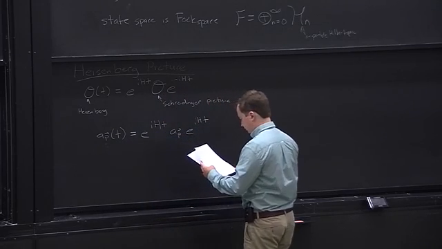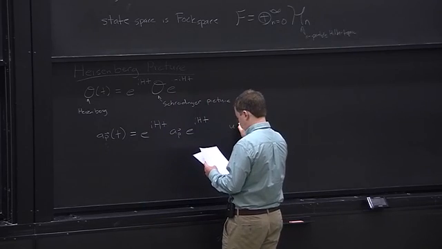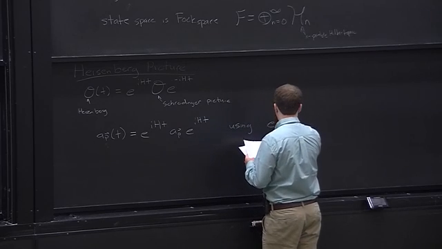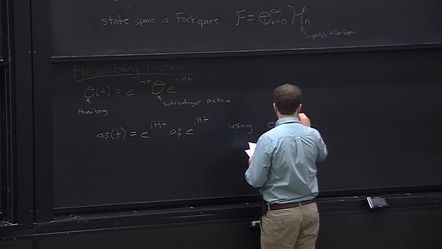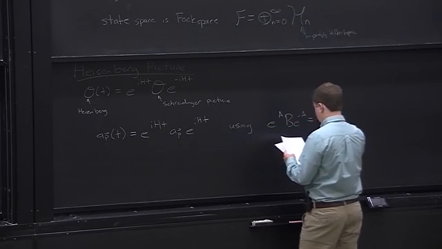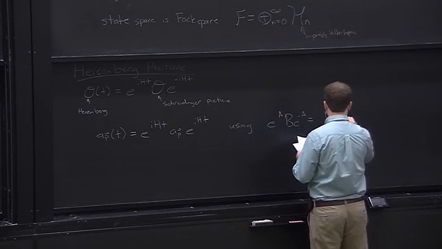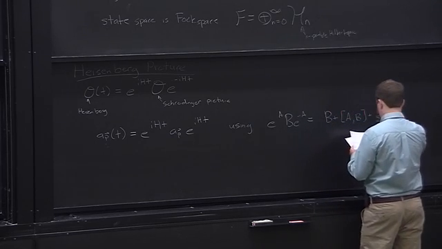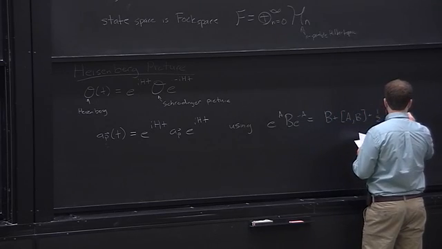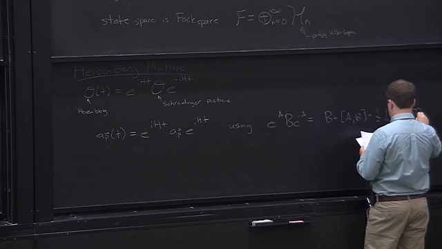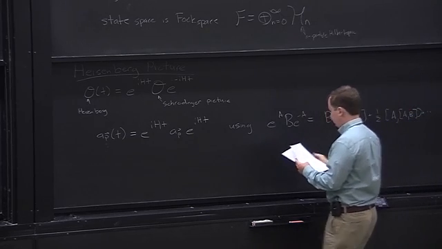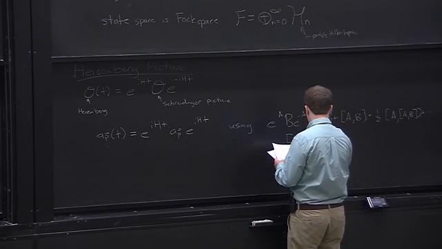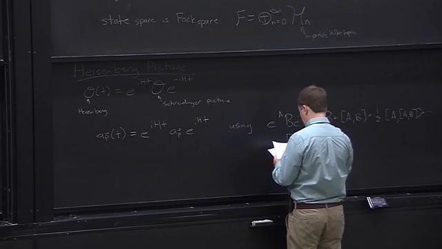And we can, using the BCH formula, e to the A times B e to the minus A is B plus the commutator of A with B plus one half the commutator of A with the commutator of A with B, and so on. And then we need the commutation relationship between H and a.